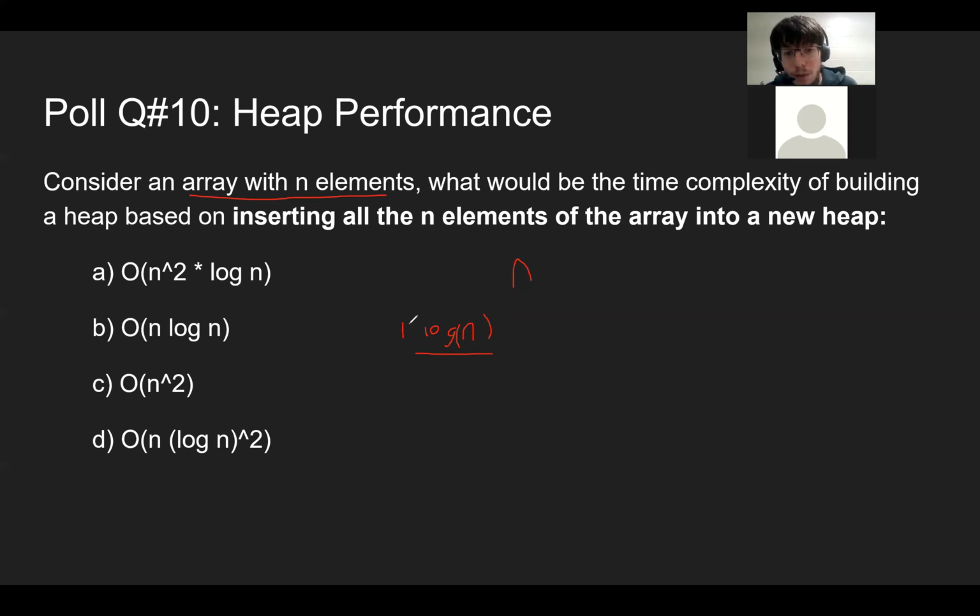But we want to remove n of them, so we have to remove log n, n times, so n log n. And then we can add on the fact that building the new heap is just n. But this is big O of n log n, rather. So that's why we get B.